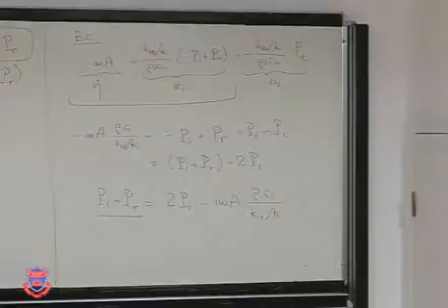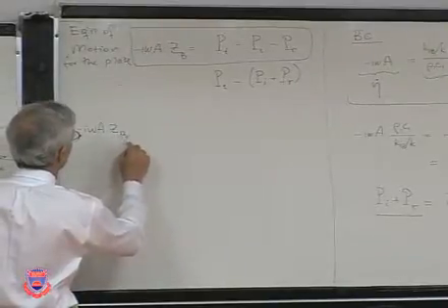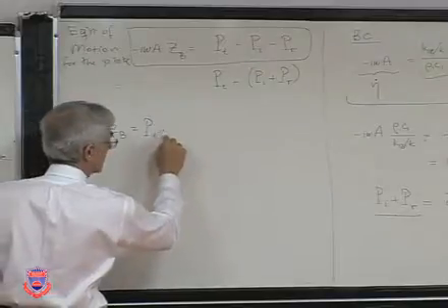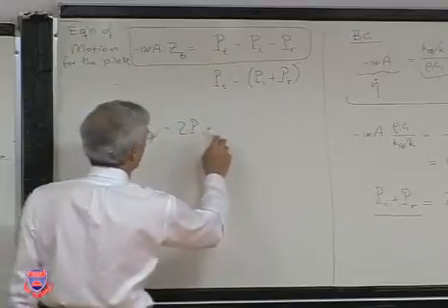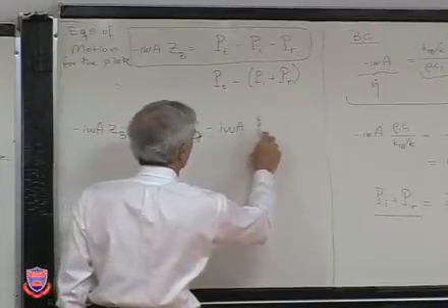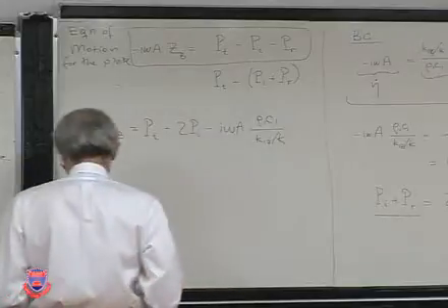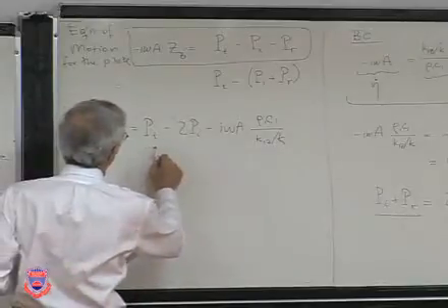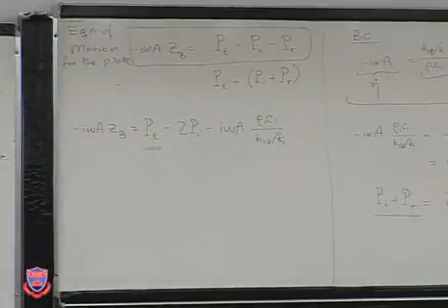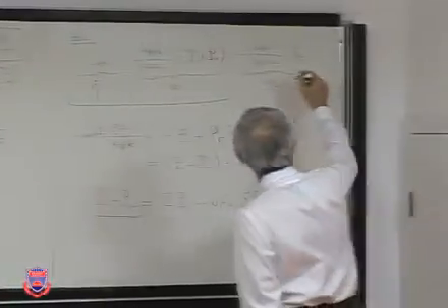Okay. If we now substitute it back here, we have minus I omega A ZB. Now, the transmitted pressure expression we can also write that.